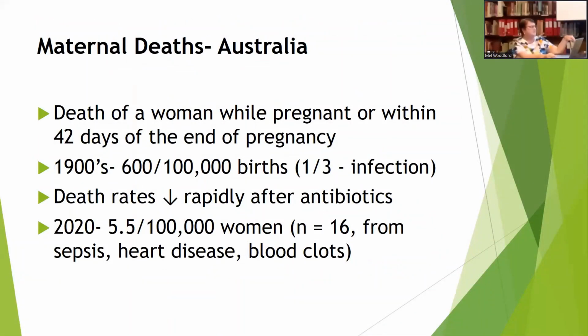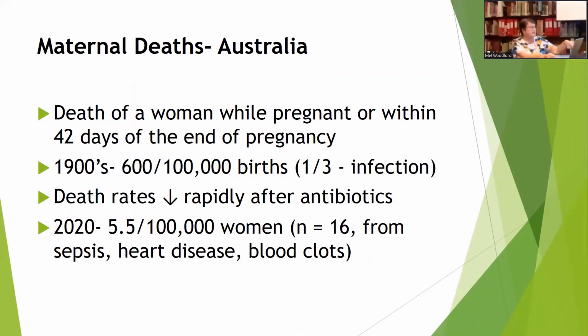Now, maternal deaths. The definition of a maternal death is the death of a woman while pregnant or within 42 days of the end of pregnancy. In the 1900s, there were 600 deaths per 100,000 births, and a third were from infections. The death rates dropped rapidly after the introduction of antibiotics, thank goodness.